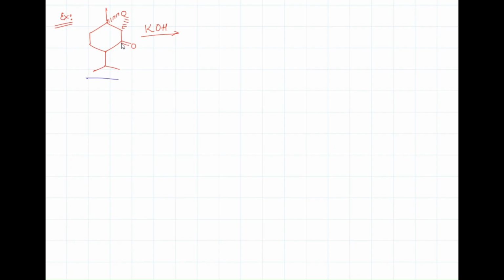Here, alpha-haloketone is not present, but in alpha position, an epoxide three-membered ring is present. In alpha position, the epoxide ring is present, and also here one hydrogen is present. Hence, this substrate will undergo Favorskii rearrangement. Let us discuss the mechanism.